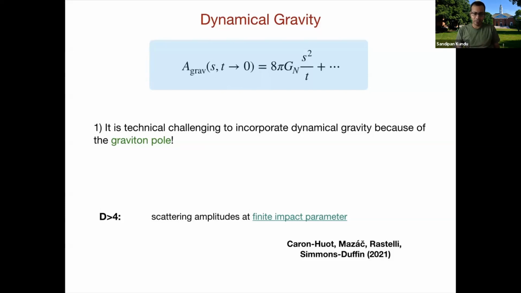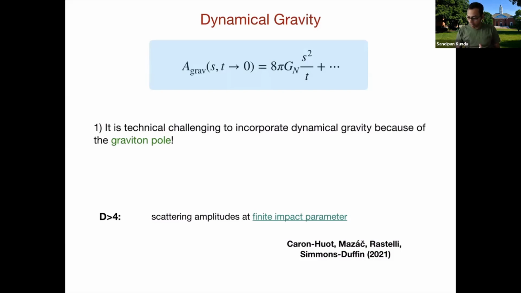Having dynamical gravity is very challenging. That's an important conceptual problem, because the Swampland picture is basically a picture about quantum gravity, so it's important that we can incorporate dynamical gravity in that picture.